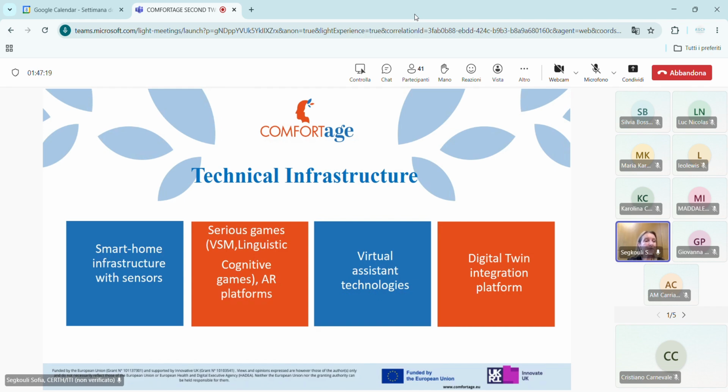Concerning the technical infrastructure, the smart home infrastructure is equipped with sensors, serious games, AR platforms, virtual assistant technologies, and the digital twin integration platform. The technical infrastructure of our pilot is built upon an advanced overall smart home ecosystem that combines multiple innovative technologies, as already highlighted, in one integrated environment.